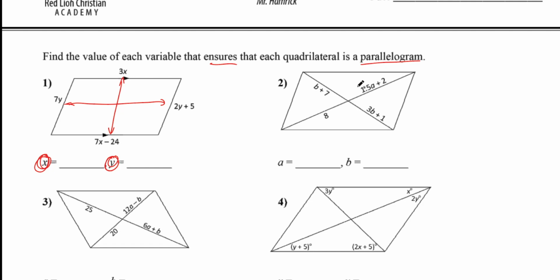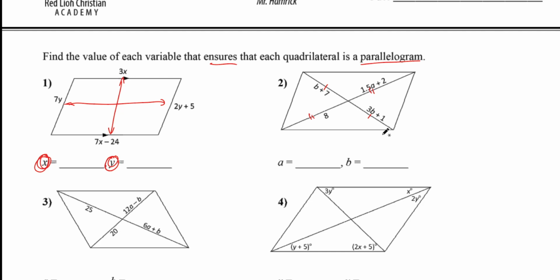All right. This one right here, what do we do here? This time you got diagonals. What do we know about the diagonals in order to ensure it's a parallelogram? They bisect each other, right? So that one and that one must be equal, and that one and that one need to be equal to each other. Agreed?